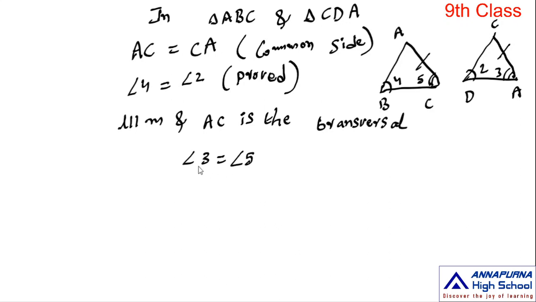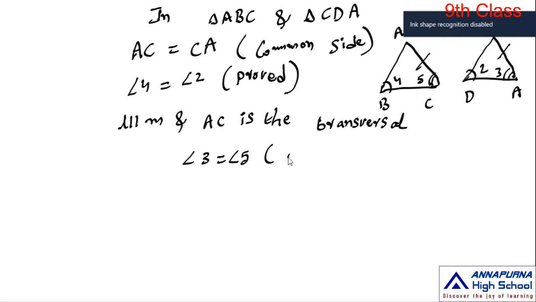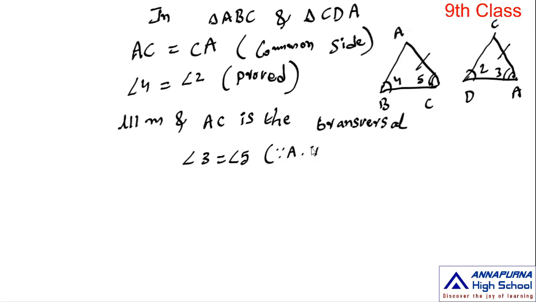Angle 3 and angle 5 are alternate interior angles and equal, since AIA means alternate interior angles.